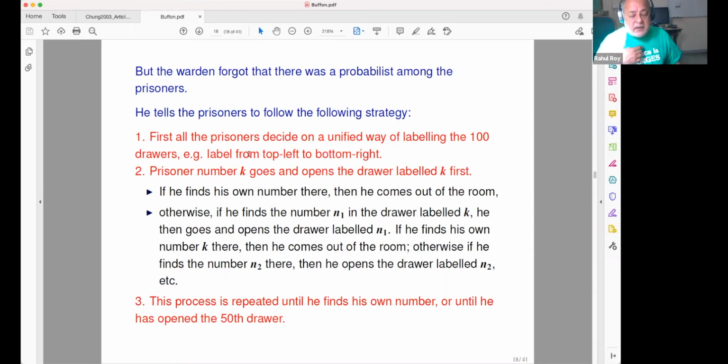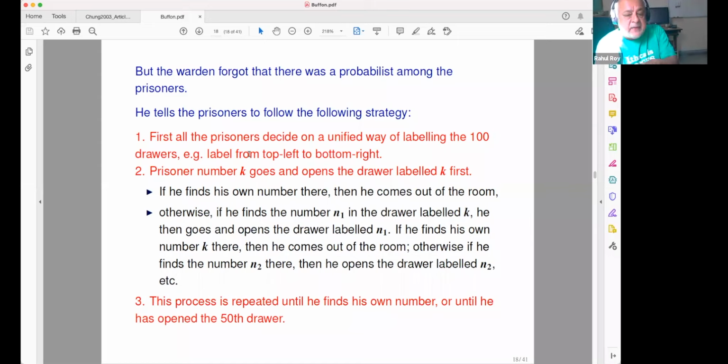Let me repeat again. Prisoner number K goes and opens drawer number K. If he finds his own number K there, then he comes out. Otherwise, he goes and opens the drawer whose number he finds inside that drawer.